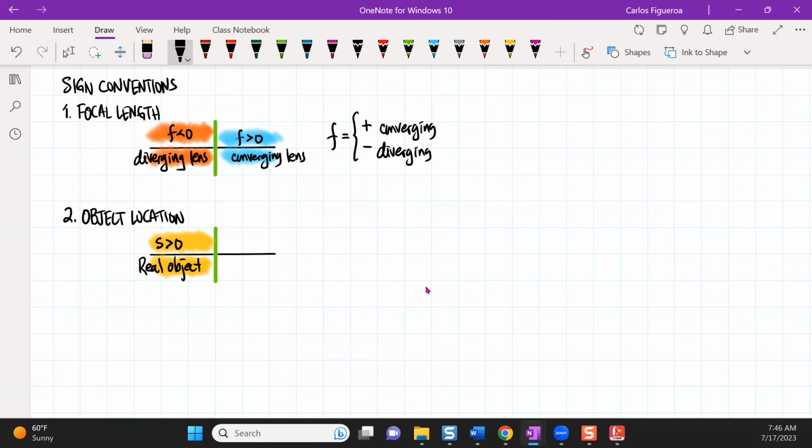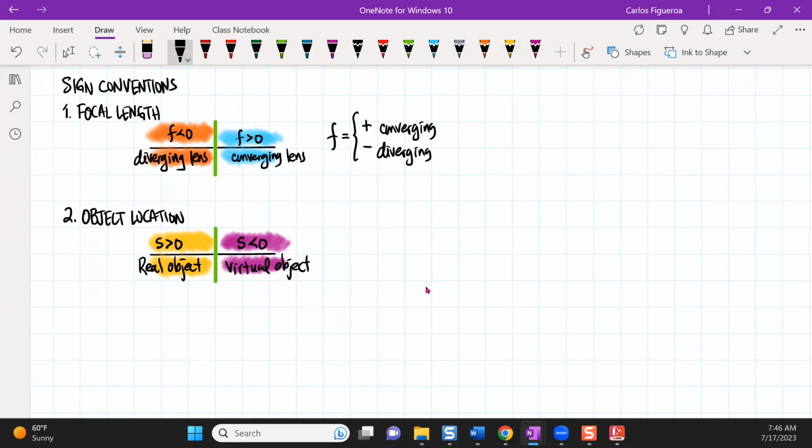Now, there is a second situation, and this only occurs for a two-lens system. I can have an object that's negative. This is called a virtual object.